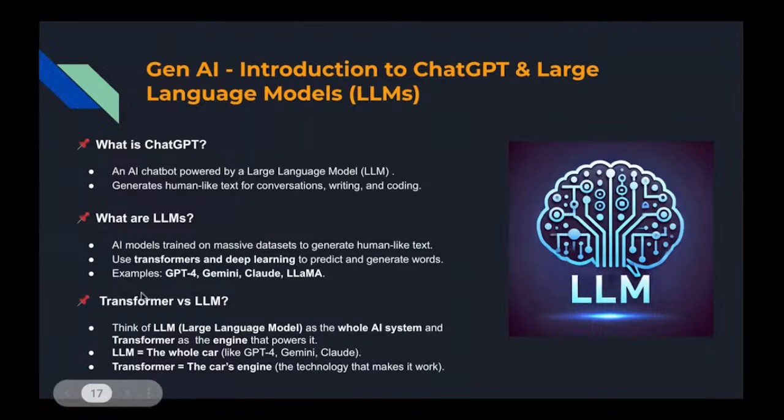Just remember that the LLM is the whole car and the transformer is the engine. We don't have to go into deep details right now, because it's not necessary for the demo session. So ChatGPT works with LLMs in the backend, and it uses the transformer architecture.